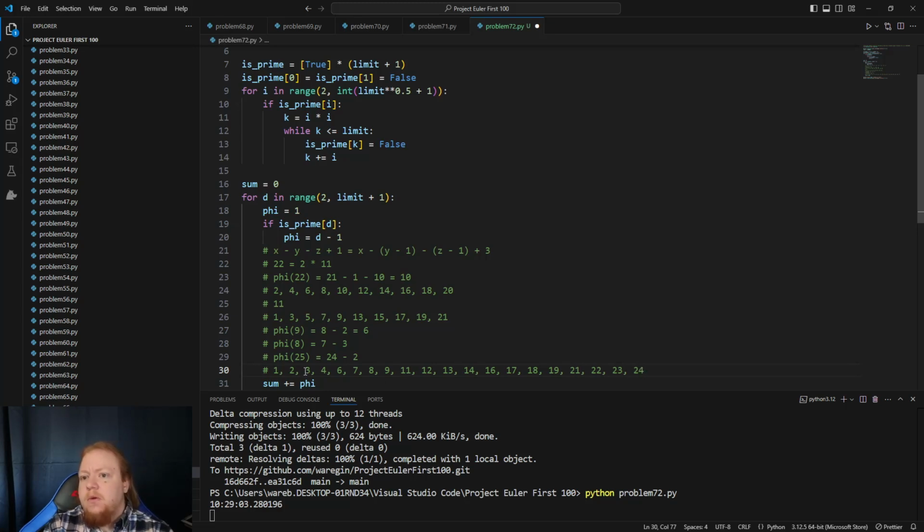Okay, so 1, 2, 3, 4, 5, 6, 7, 8, 9, 10, 11, 12, 13, 14, 15, 16, 17, 18, 19, 20. So phi of 25 should equal 20, not. So 9. Okay.